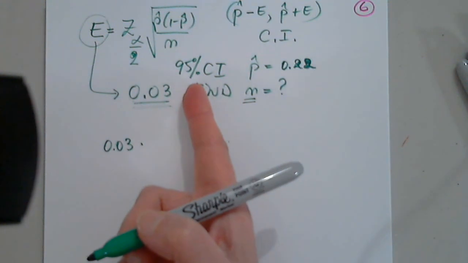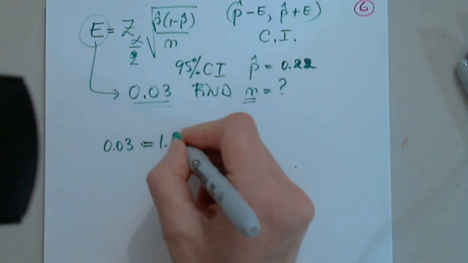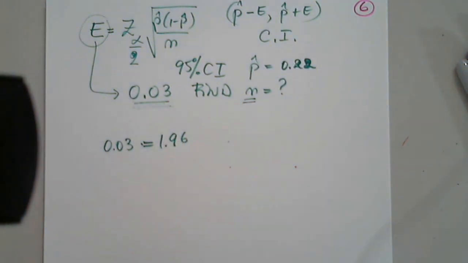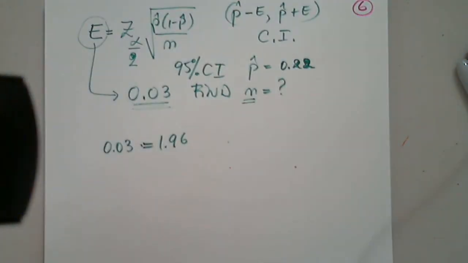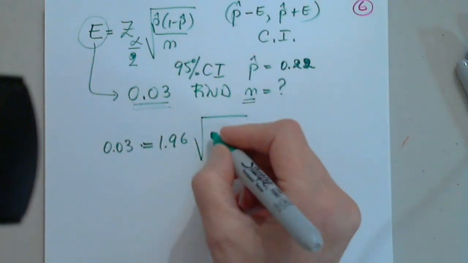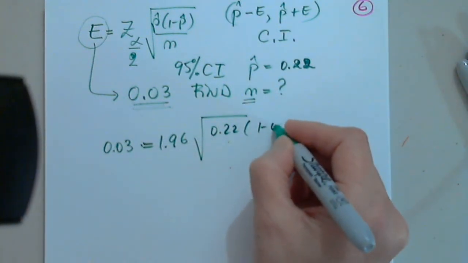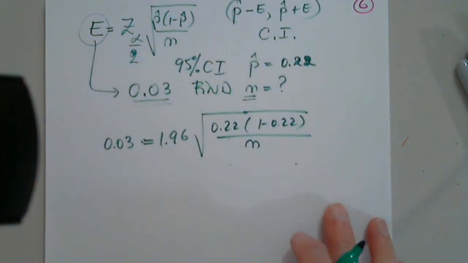So I want 0.03. I know that z for 95% is 1.96. We calculated it a few minutes ago. The square root, I have 0.22 times 1 minus 0.22, divided by n.